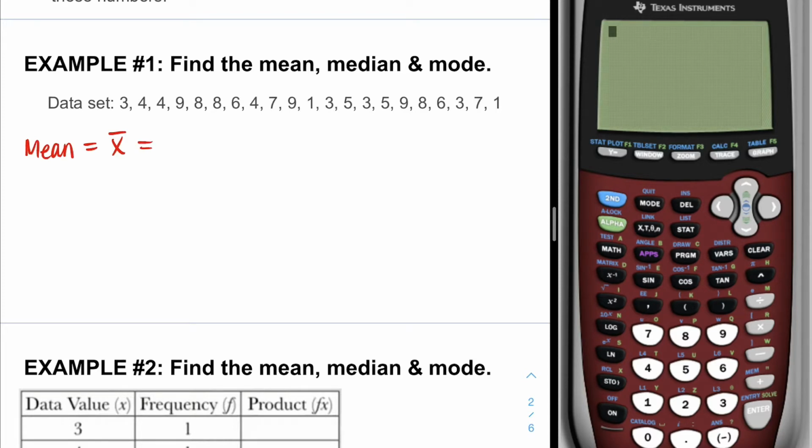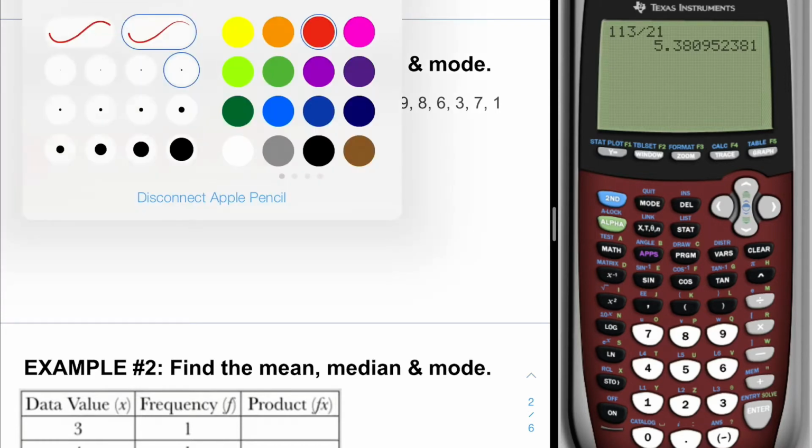That is the mean. If I take the sum of all those numbers, I get 113. I'm going to divide that by however many numbers I have, which is 21. And when I divide that, I end up getting 5.38. Okay, so that is my mean.